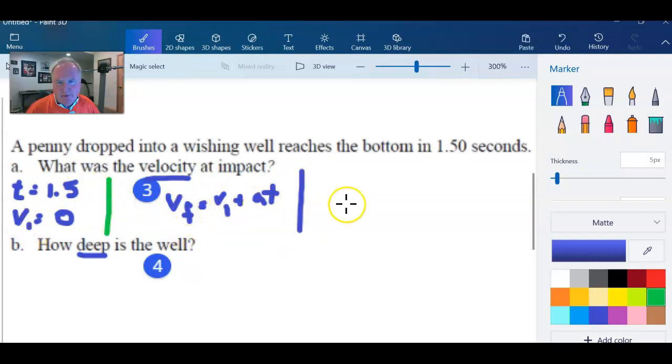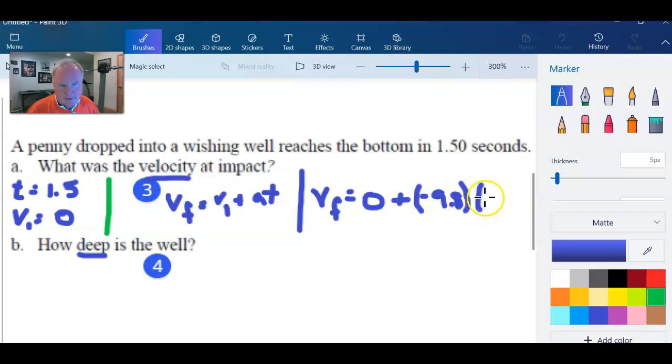We've got VI, we got T, we know A, because that's what we've been studying. And so the final velocity, or the velocity after that 1.5 seconds is 0 plus, and in my class, we'll always use negative 9.8 so we don't get confused on anything as we go forward. So negative 9.8 times 1.5. All right, put that in our calculator, we'll get our answer.